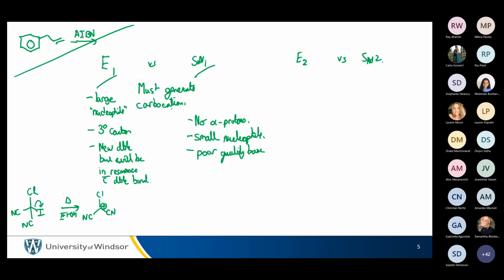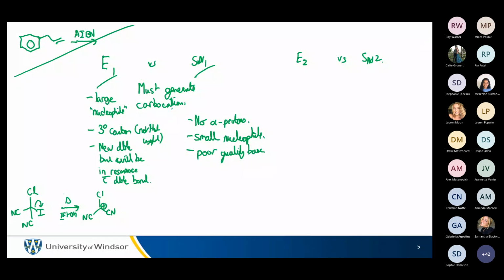And then that your positive charge is on a tertiary carbon makes it slightly more likely for an E1, although tertiaries are still very, very possible for Sn1. So maybe not that useful.